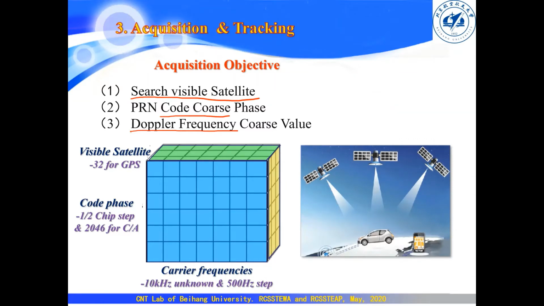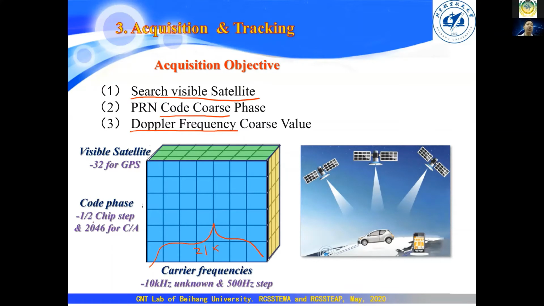The signal frequency may be higher at one time, and lower at another, during the satellite's movement. So we need to search the frequency. The frequency range is about plus or minus 10 kilohertz, with 500 hertz at each search step, so there are about 21 possibilities.